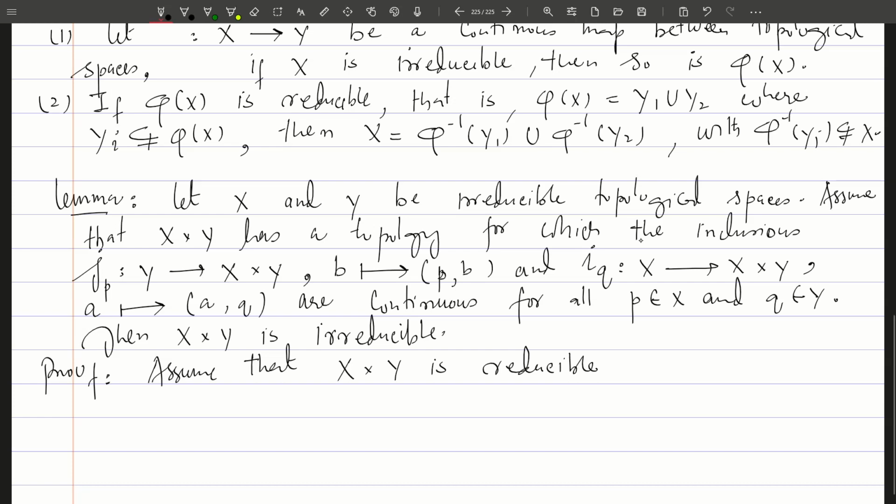We should get a contradiction. If this is reducible, we can write X times Y as the union S1 union S2, where these Si are properly contained in the product X times Y, so they are closed, for i equal to 1, 2.